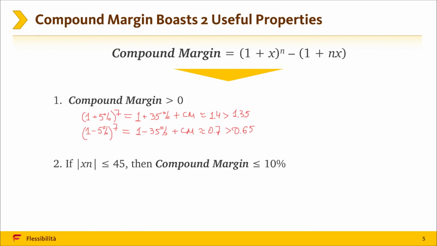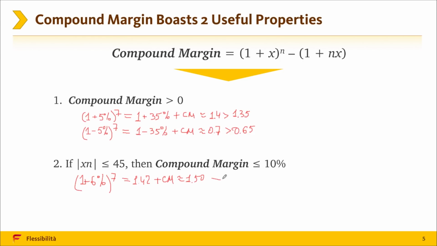Another interesting result is that when x times n is less than or equal to 45 in absolute value, the compound margin does not exceed 10%. So, for example, 1 plus 6% to the power 7 equals 1.42 plus compound margin, which is about 150.